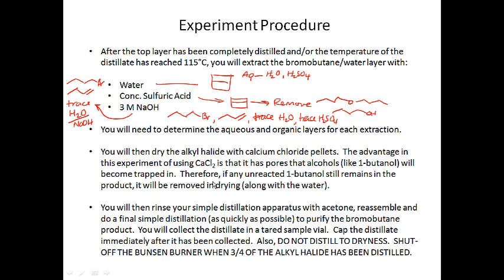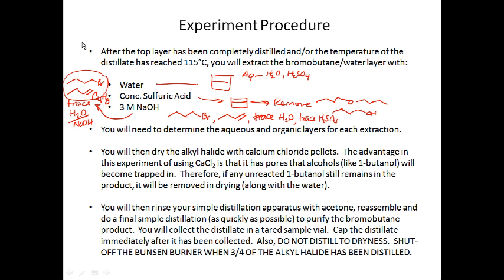So then after we've got our solution, which should at this point just contain the butyl bromide and maybe a touch of alkene, we're going to do the final purification using simple distillation. One of the things we should note here is the alkene is nothing but a hydrocarbon, a C4H8 hydrocarbon.